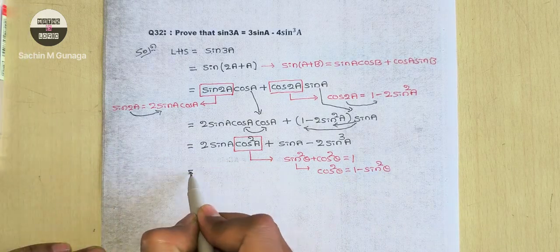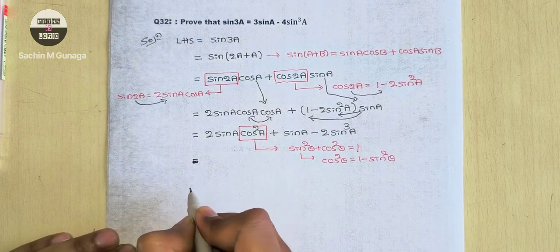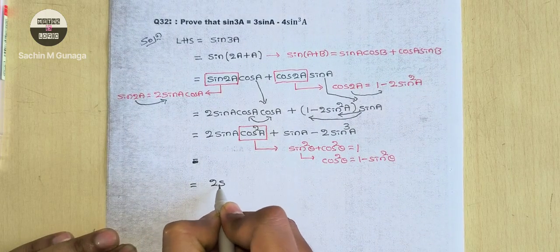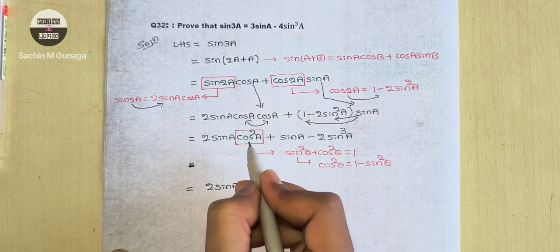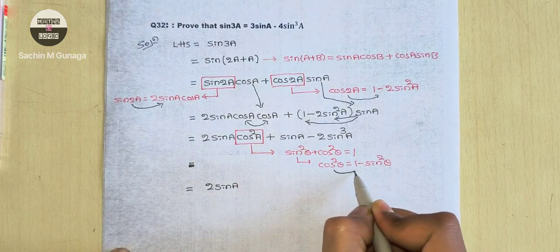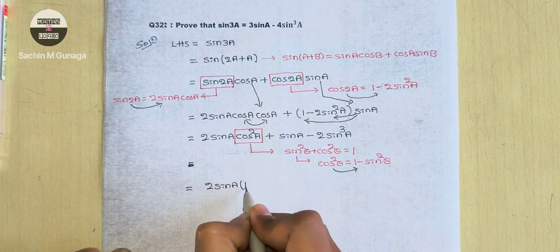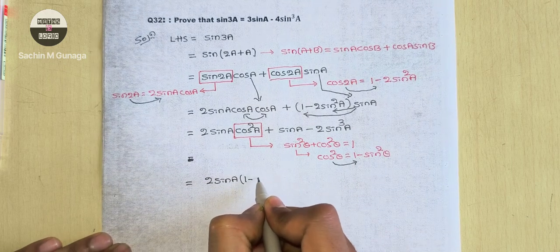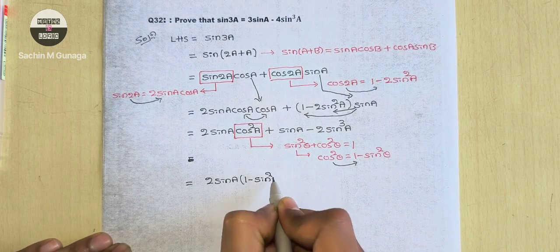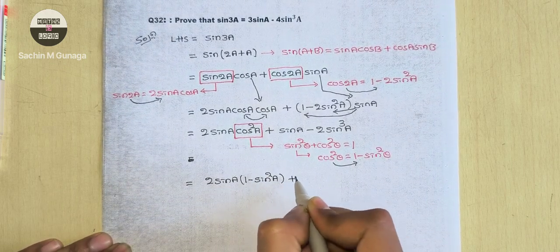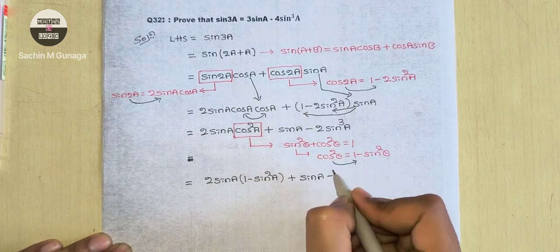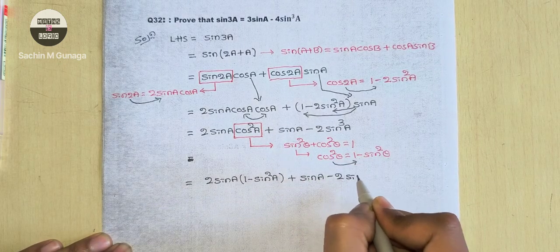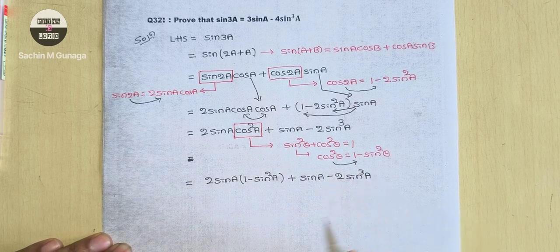So that time it is 2 sine a, keep it as it is, cos square a. Cos square a is nothing but 1 minus sine square a, plus this sine a as it is, minus this 2 sine cube a also, keep it as it is.